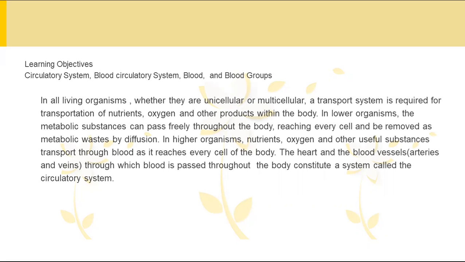In higher organisms, nutrients, oxygen, and other useful substances are transported through blood, as it reaches every cell of the body. The heart and blood vessels, which include arteries and veins through which blood is passed throughout the body, together form a system called the circulatory system.